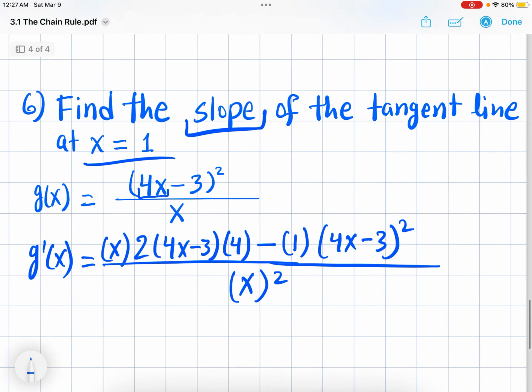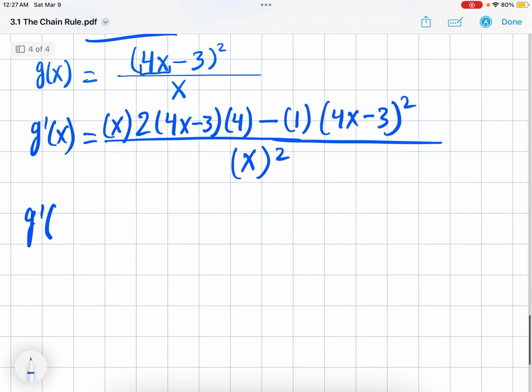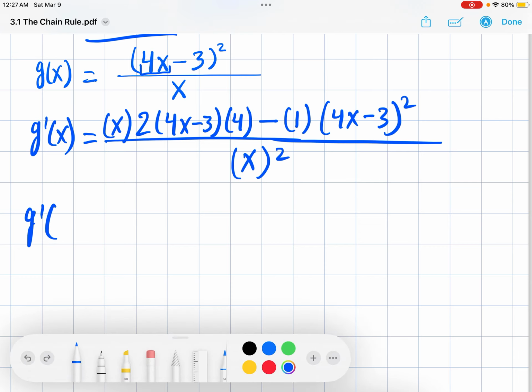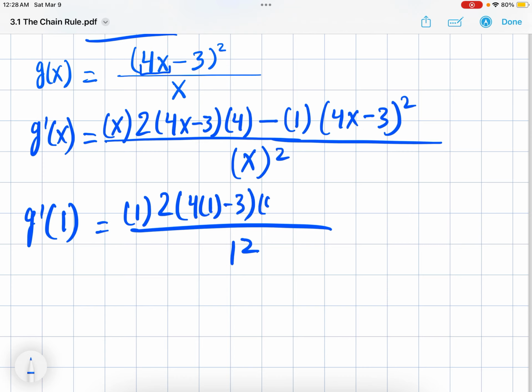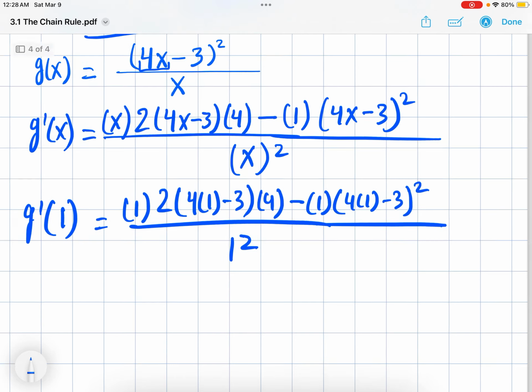They're asking at 1. We could just plug in 1 in this equation. 1 squared, 1, 2, 4 times 1 minus 3 times 4 minus 3 squared.